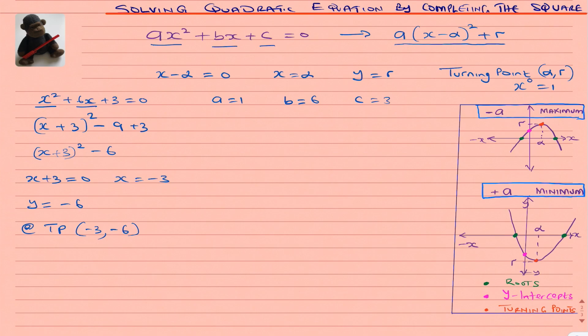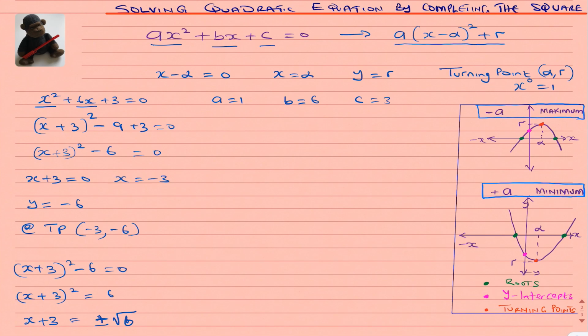So to solve it, we then do x plus 3 squared minus 6 equal to 0, and we move minus 6 to the other side, so it becomes x plus 3 squared equals 6, and then we square root both sides. X plus 3 equals plus or minus root 6.